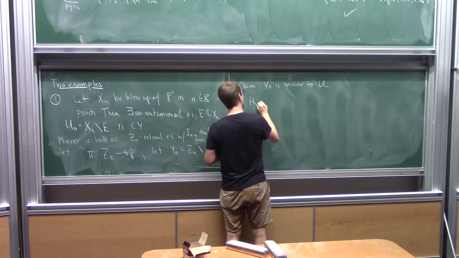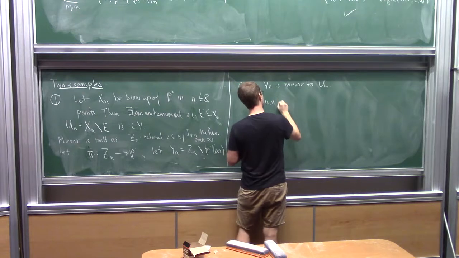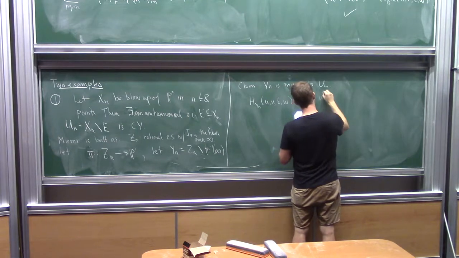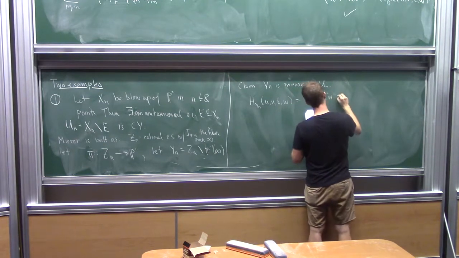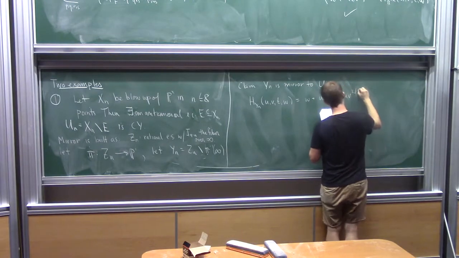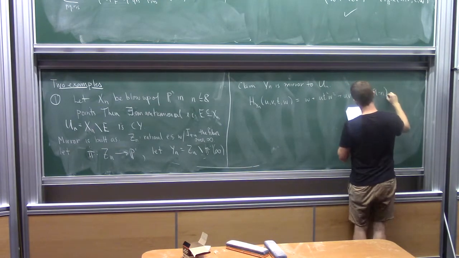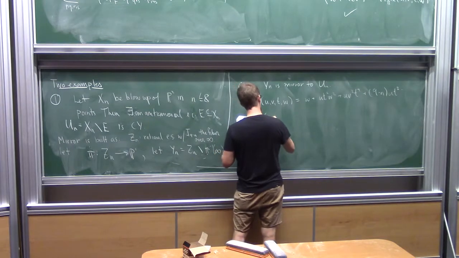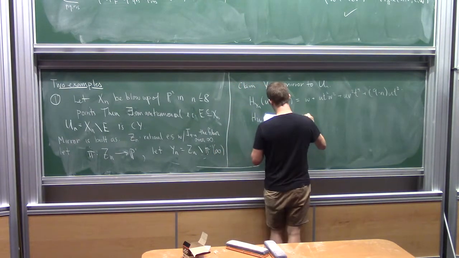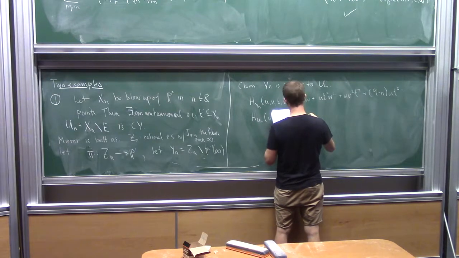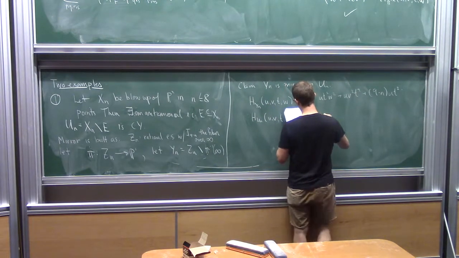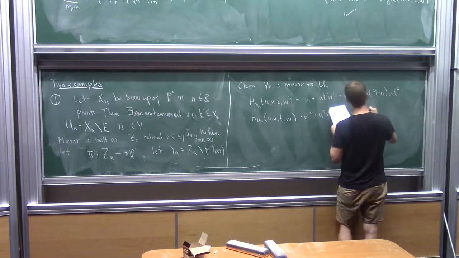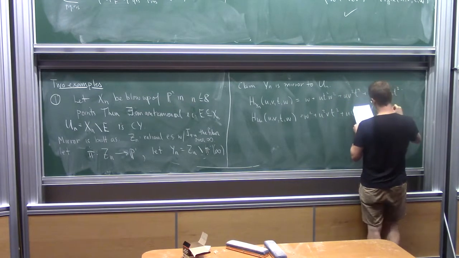H_{Y_n}(u,v,t,w) is equal to w plus u t squared, w squared plus u v squared t squared plus (9 minus n) u t squared, and H_{U_n}(u,v,t,w) is equal to w squared plus u squared v t squared plus u v t squared plus (9 minus n) u t squared.